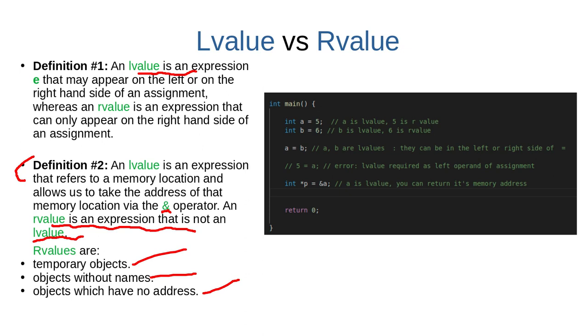For example, in this line, we define integer a equal 5. In this line, a is a variable which has a name and a memory address, so it's an lvalue, while 5 is a temporary object in the memory of type integer, which has no memory address, and this is why it's an rvalue.